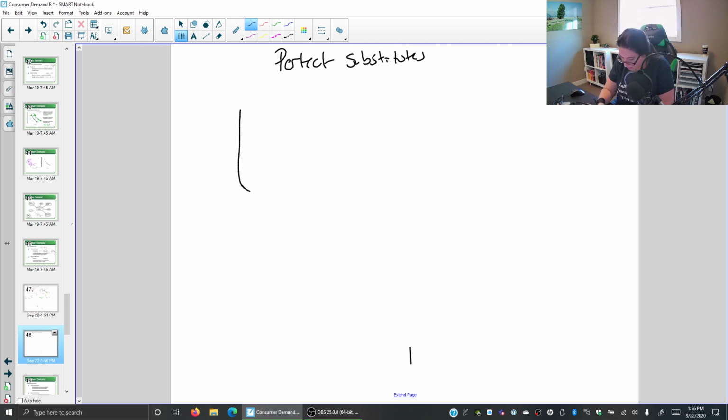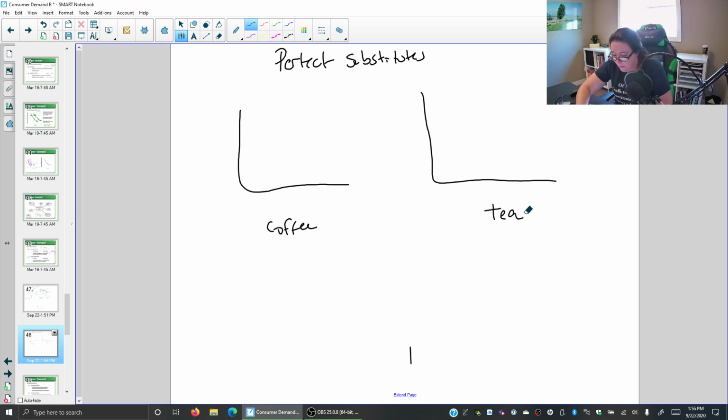So let's look at coffee and tea. Let's suppose that you like them equally, or mostly equally, right? So they give you the same level of utility or happiness. All right, and let's draw our supply and demand for coffee.